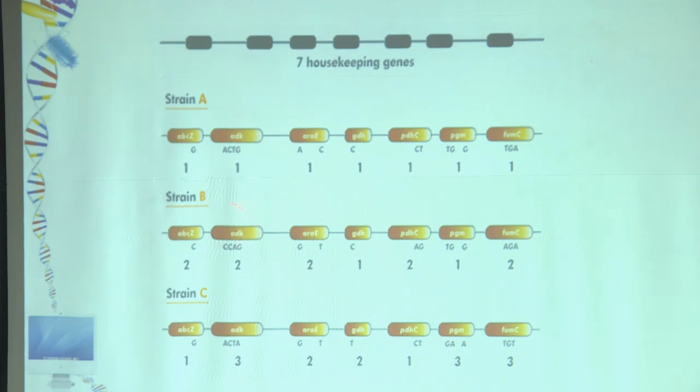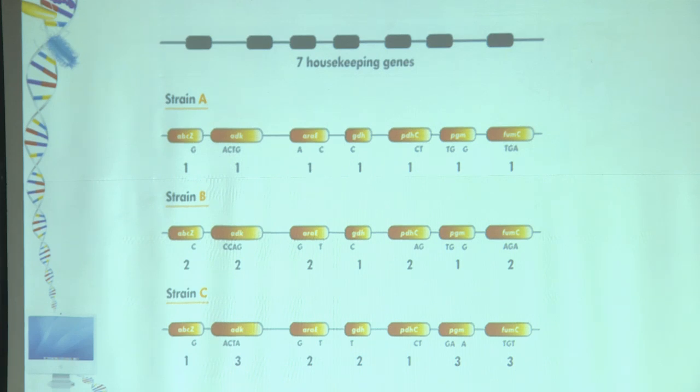Now move on to strain B. For the same gene, they found CCAG. They gave the number 2, and strain C takes the number 3. So likewise, whether the nucleotide variation is at a single base pair level, or 2, 3 or even 4 nucleotide level, it is assessed and the numbers are assigned.